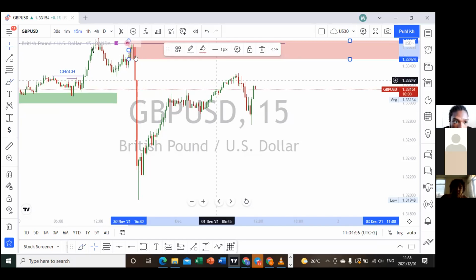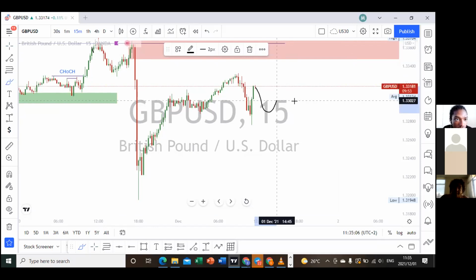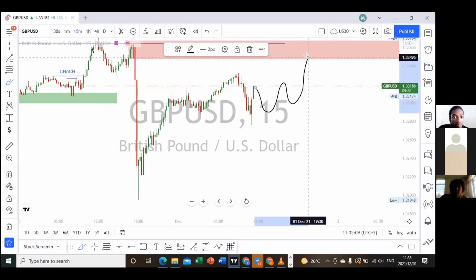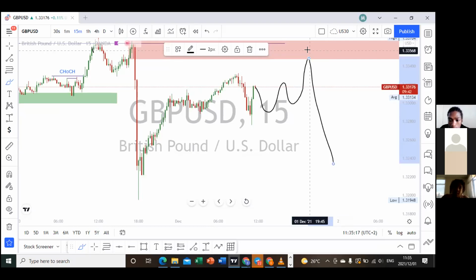So this is basically our point of interest. I'll be expecting the market to approach this area in a corrective manner. That's when I'll be looking for my selling opportunities once it reaches this point of interest, this supply.